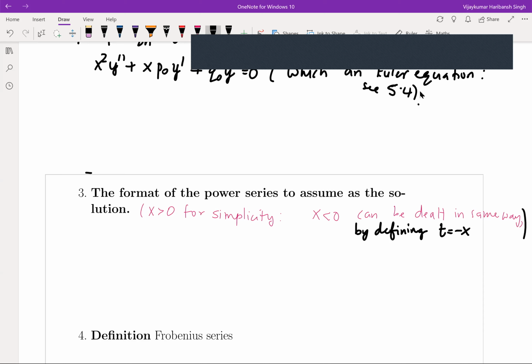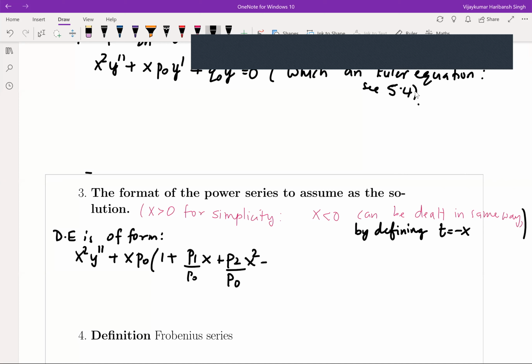So we have, first of all, our DE. The DE is of the form x squared y double prime plus x (p naught plus p1 x plus ...) y prime plus (q naught plus q1 x ...) y equals 0.